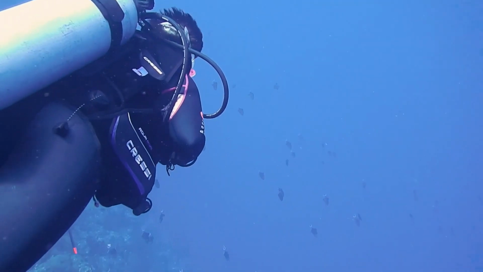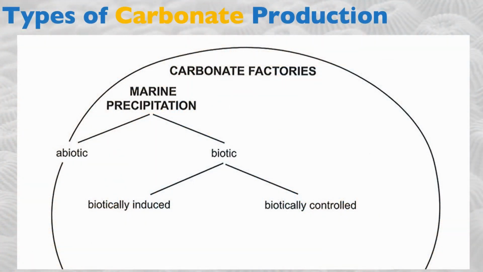Now, we can divide carbonate factory into multiple types of factory. So we will focus on marine carbonates in this class. Lacustrine carbonates exist, but in terms of volume, except for some weird exception in the South Atlantic, they're not extremely frequent or common. So marine carbonates can precipitate from an abiotic source.